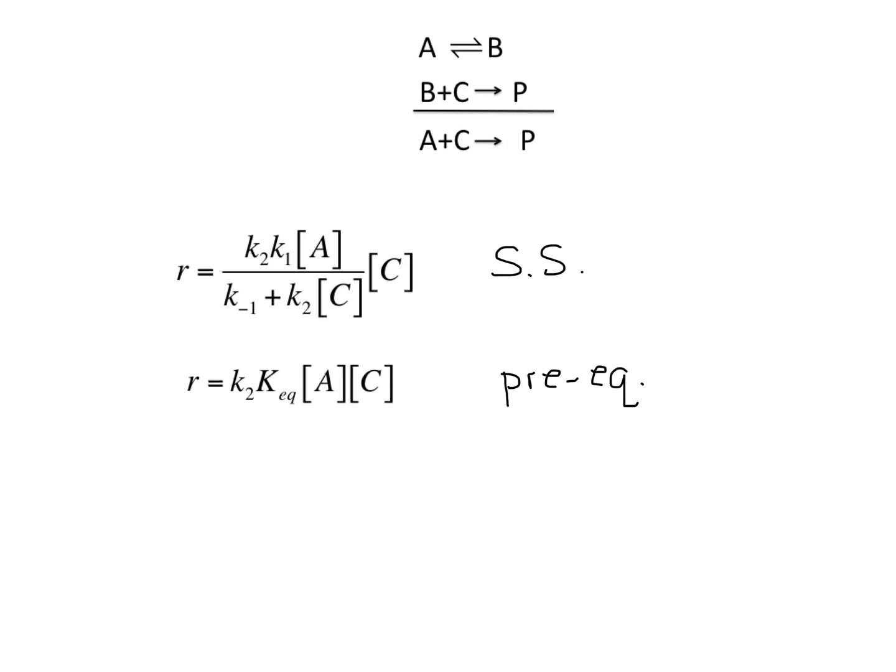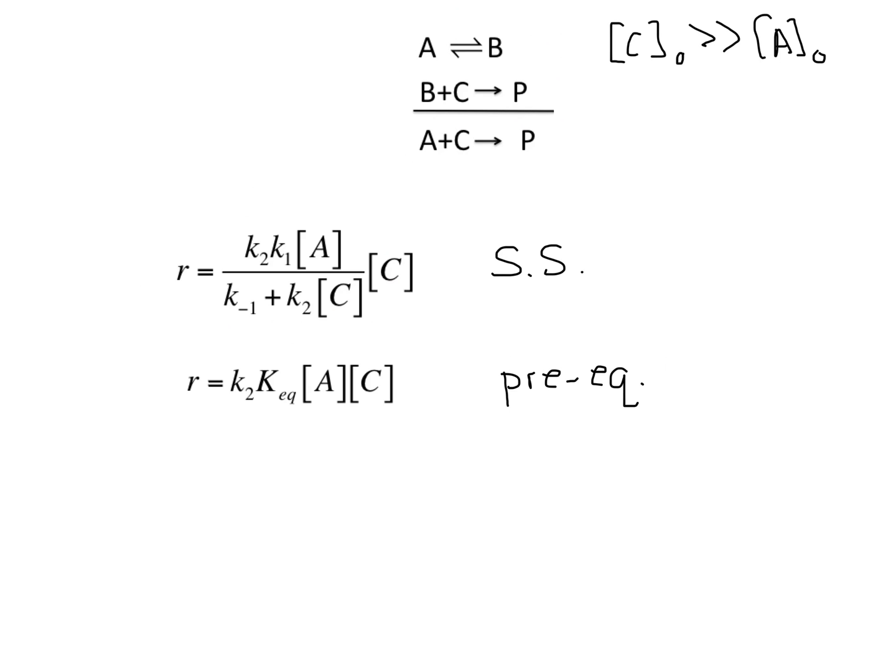If I use a large excess of the reactant C compared to the amount of A that I start with, then A will be the limiting reagent, and I will only make as much product as the amount of A that I have available.